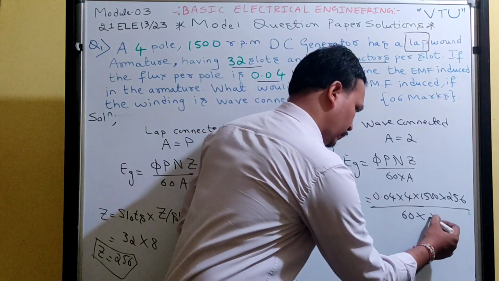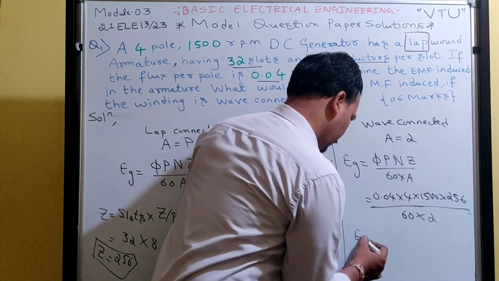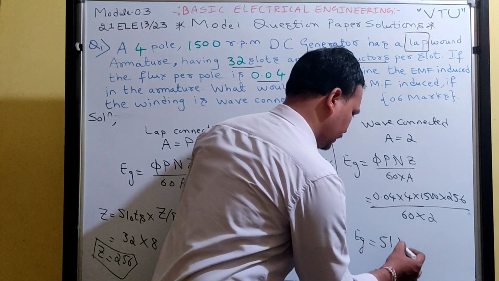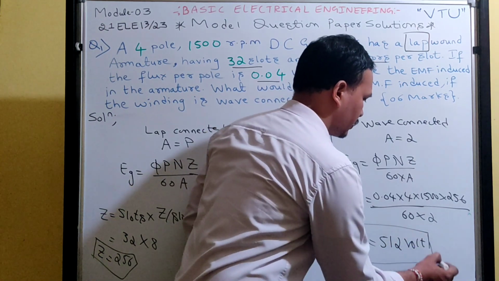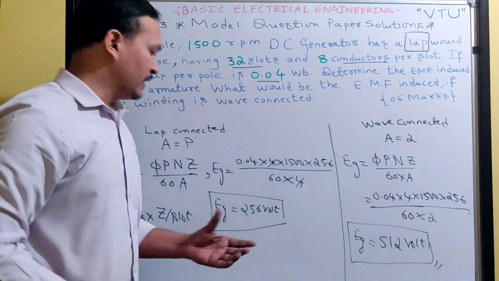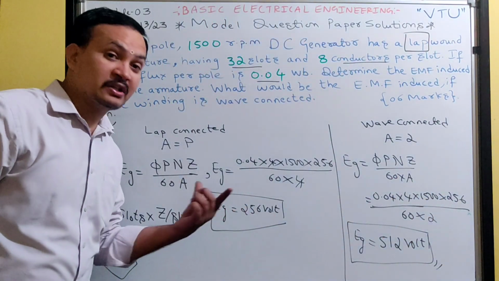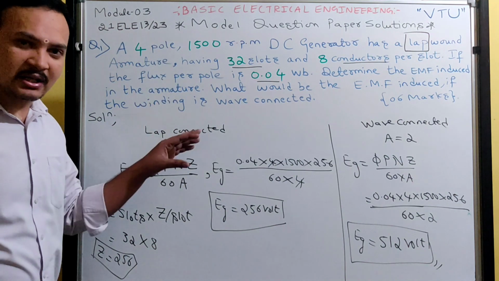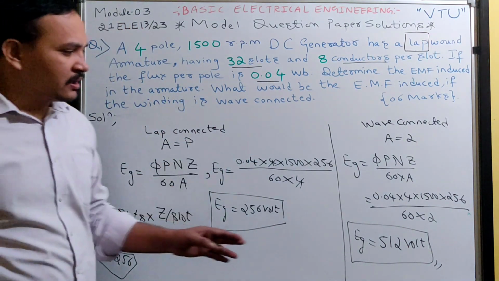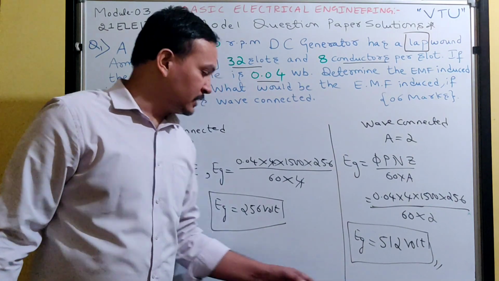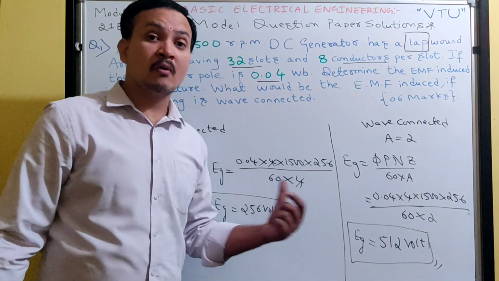Very good, 2. So you can do it in the calculator. You will get 512 volts. In lap winding we got 256 volts. With all the same data, if I change to wave winding connection, then we get a higher generated voltage. This is one application of wave winding.